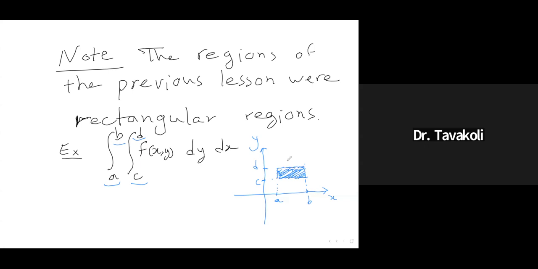The points in this rectangle satisfy these inequalities. No matter where the point is on this rectangle, x is between A and B, and y is between C and D. And we were integrating over such regions.